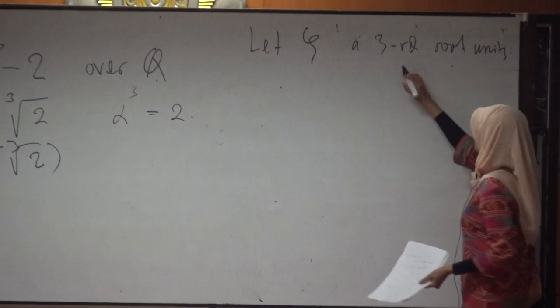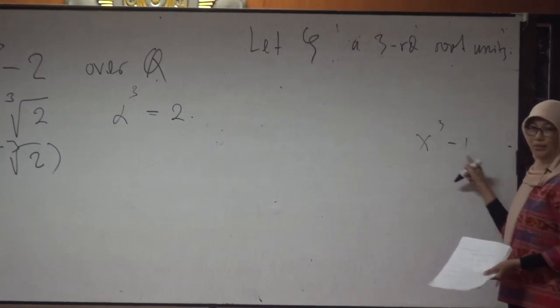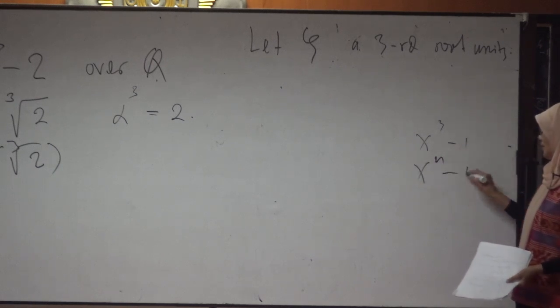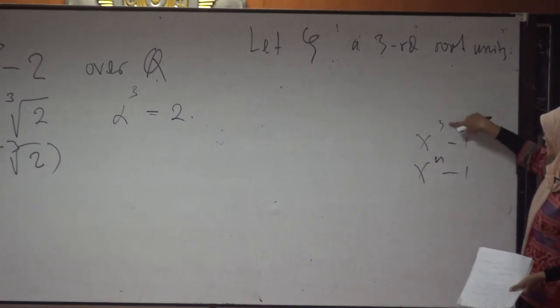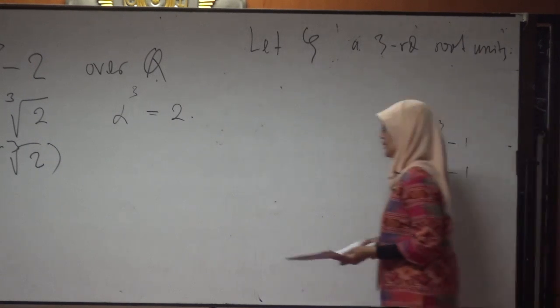So third root of unity means it is the root of this one. You still remember? Because we already know the general situation like this. If this power is 3, we have the third root of unity.